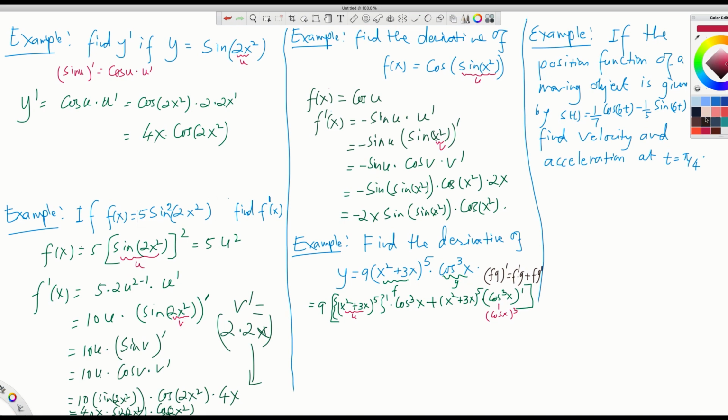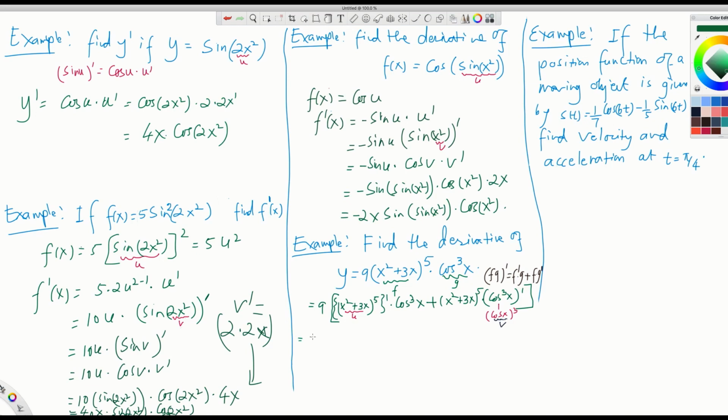You can take this thing as v, so it is basically v cubed prime. You see that? So v cubed prime. So let us do that derivative here.